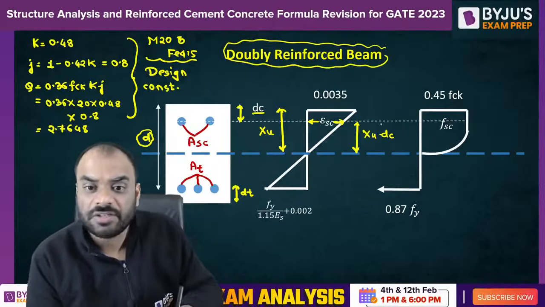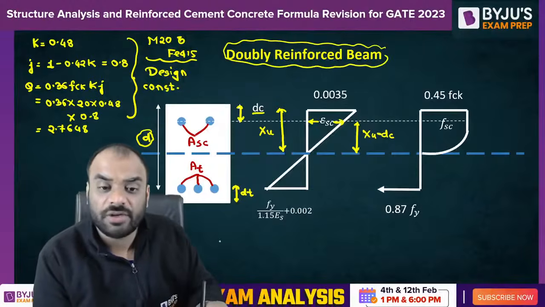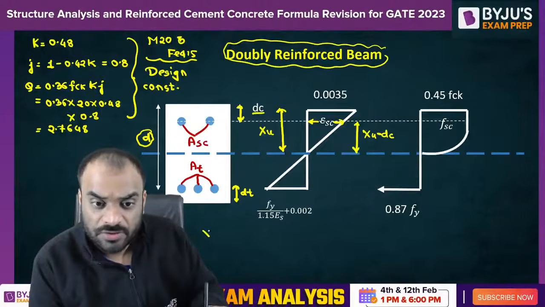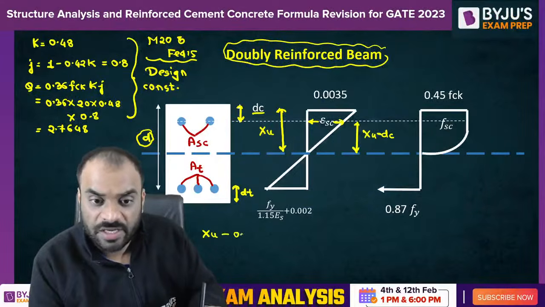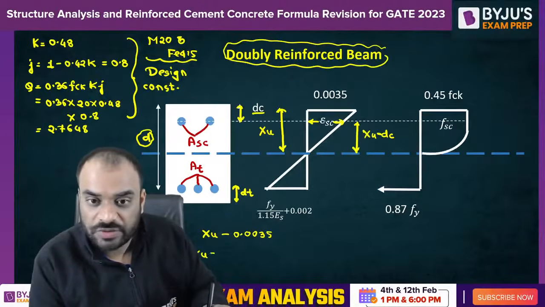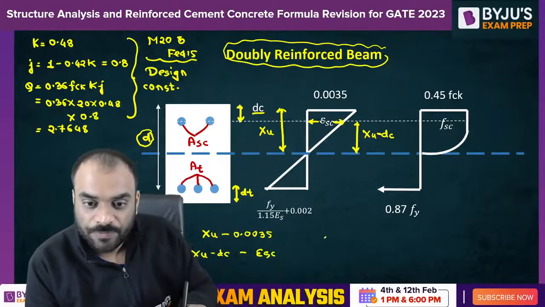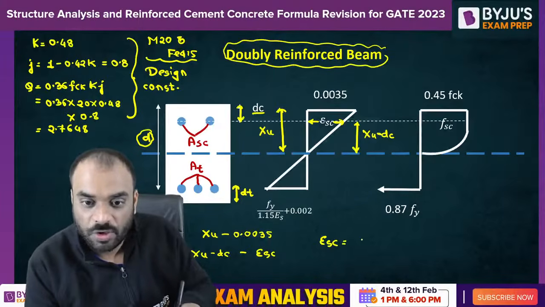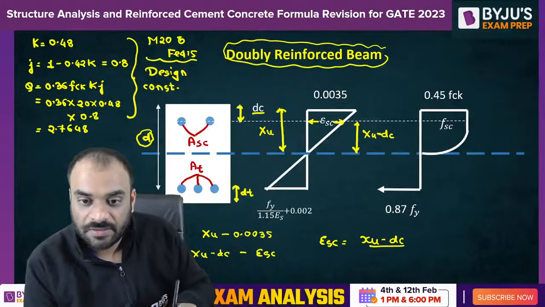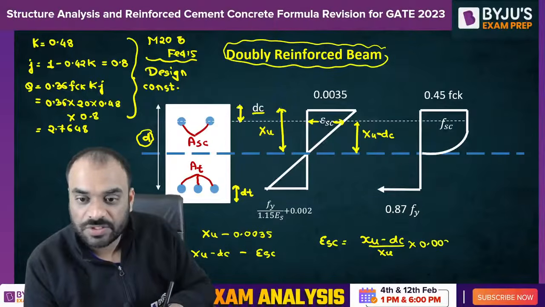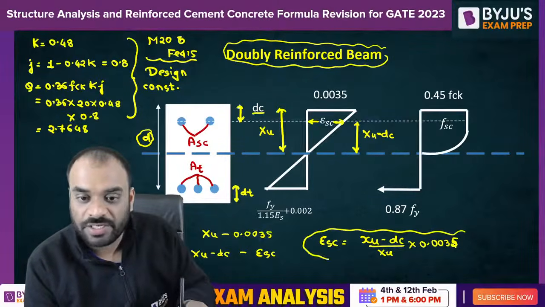At xu depth, the strain value is 0.0035, and at the depth of xu minus dc, the strain is εsc. So εsc is equal to (xu minus dc) divided by xu multiplied by 0.0035. This is the formula by which you are able to calculate the strain.